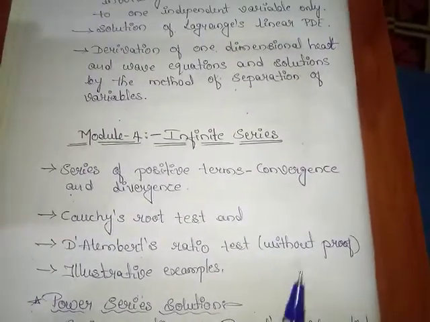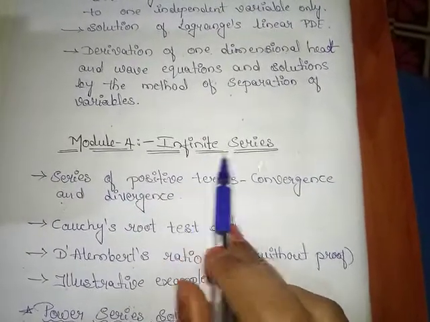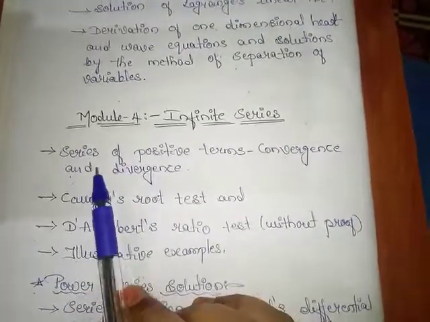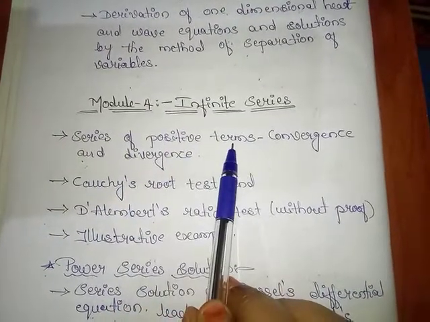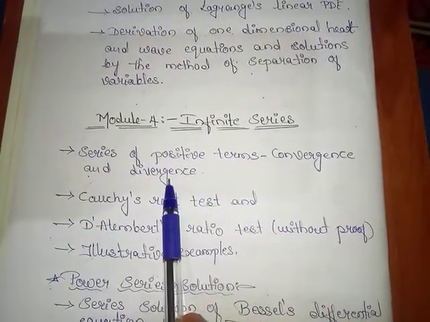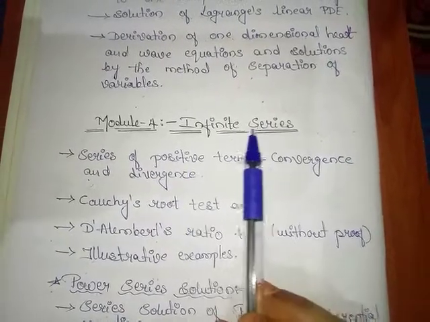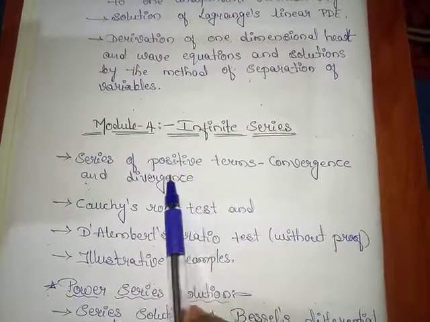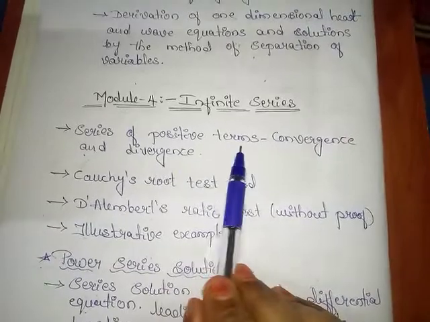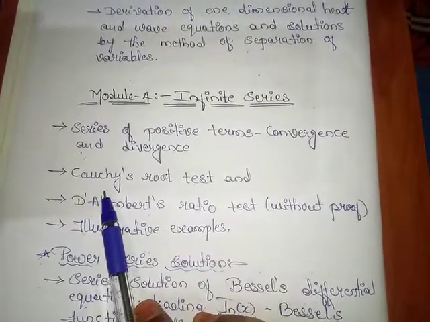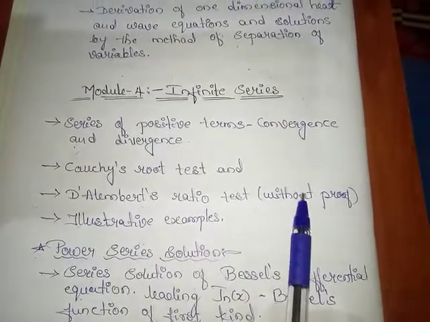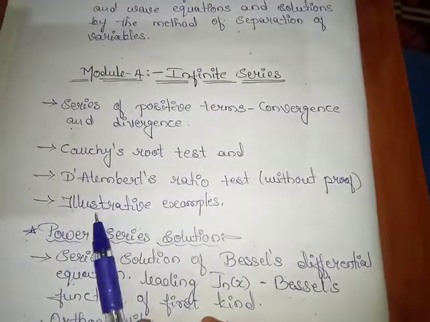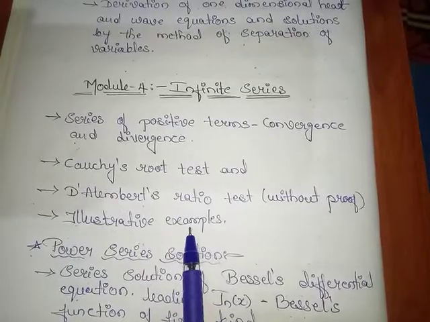Next is the fourth module. The fourth module is infinite series. Here we have the concepts of series of positive terms, convergence and divergence. Means here we will study convergence and divergence of series of positive terms, Cauchy root test, D'Alembert's test, which are without proof, and illustrative examples.